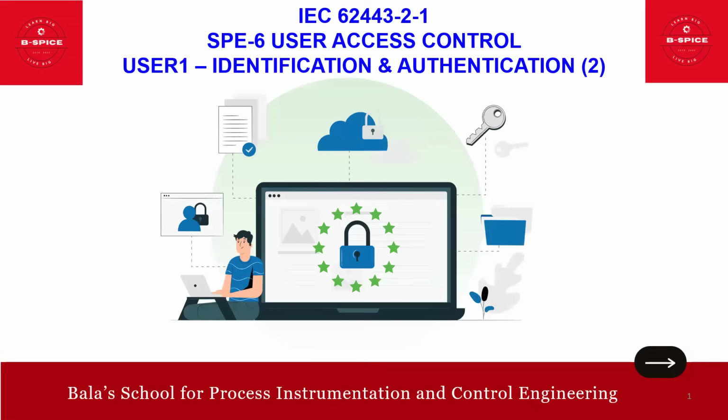Prior to this, yesterday, we uploaded one video on User 1 Identification, wherein we covered 5 items, just as a recap. One, user 1.1, user identity assignment; 1.2, user identity removal; 1.3, user identity persistence; 1.4, access rights assignment; and 1.5, least privilege.